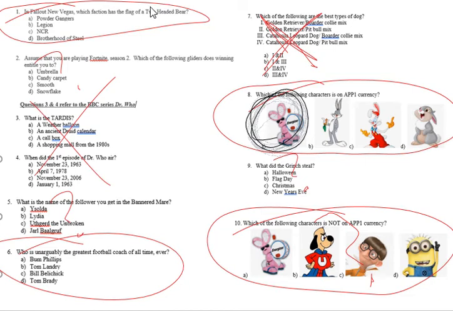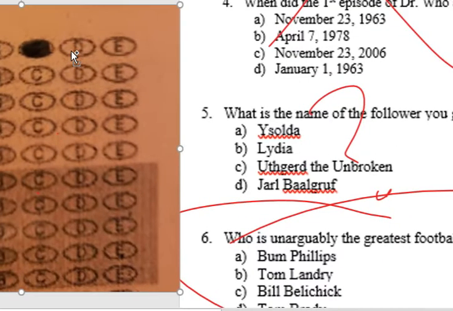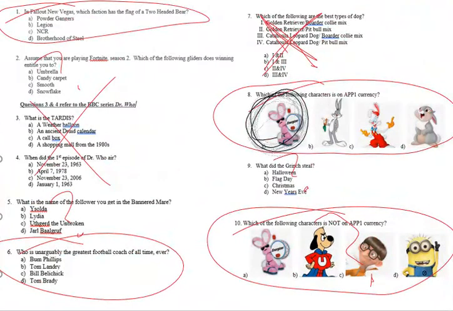Okay. All right, so now I'm going to go to my first circled one that I glanced over and looked good. So in Fallout New Vegas, which faction has the flag of the two-headed bear? Okay, I know this. I love Fallout New Vegas. It's one of my favorites of all time. I know for sure that this is the NCR.